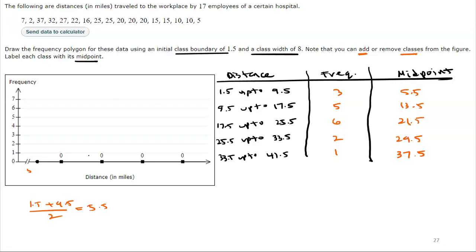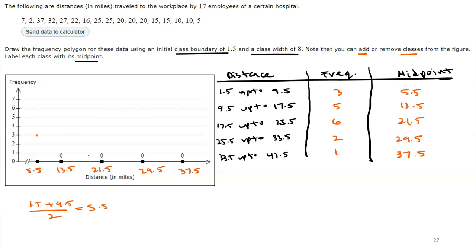So we have 5.5, then 13.5, 21.5, 29.5, 37.5. Okay. All right.